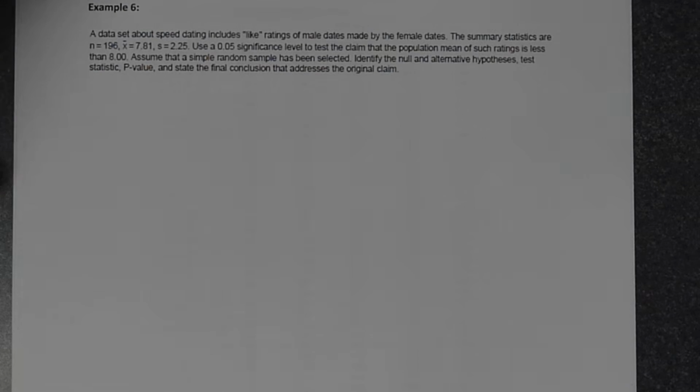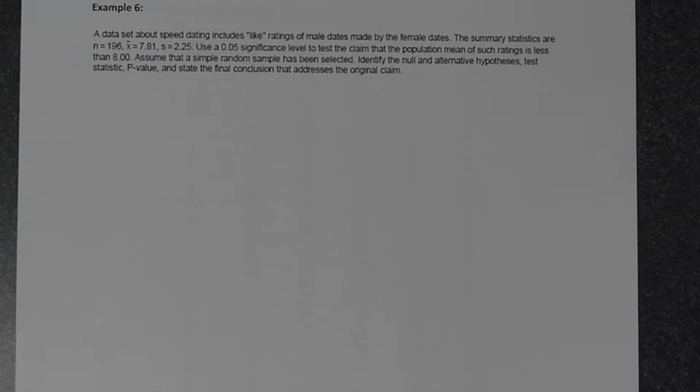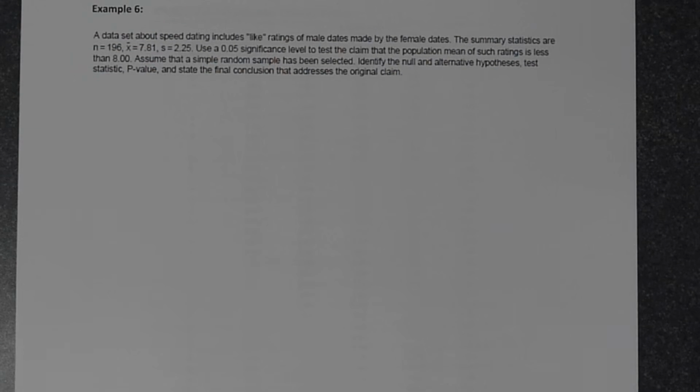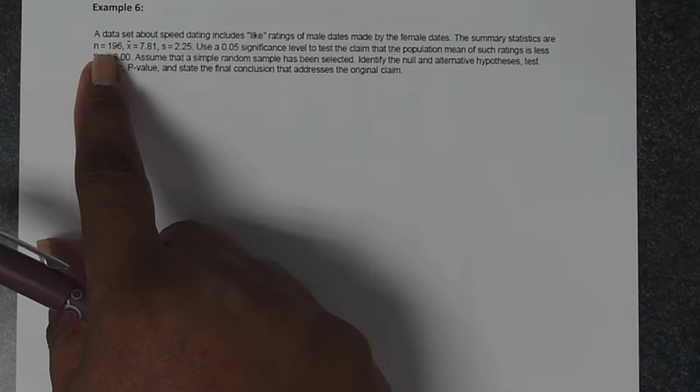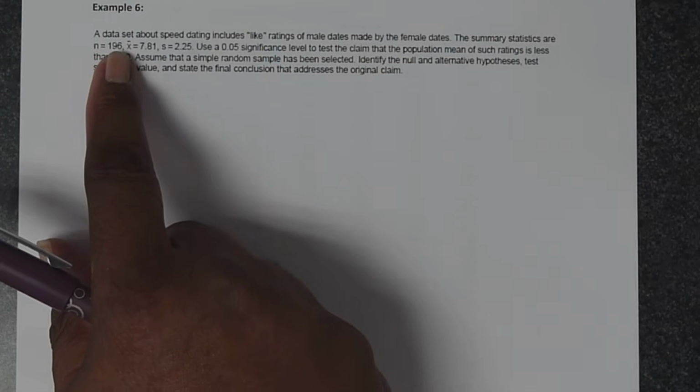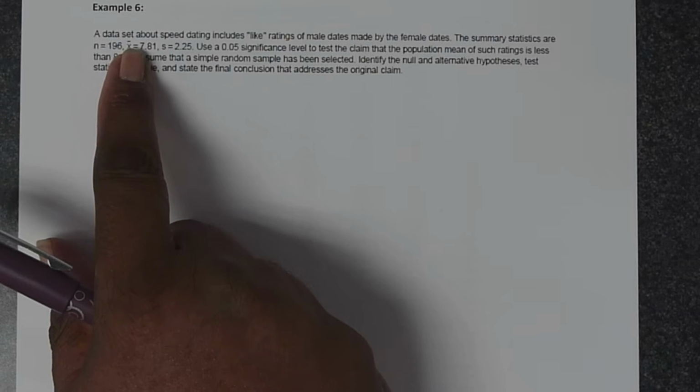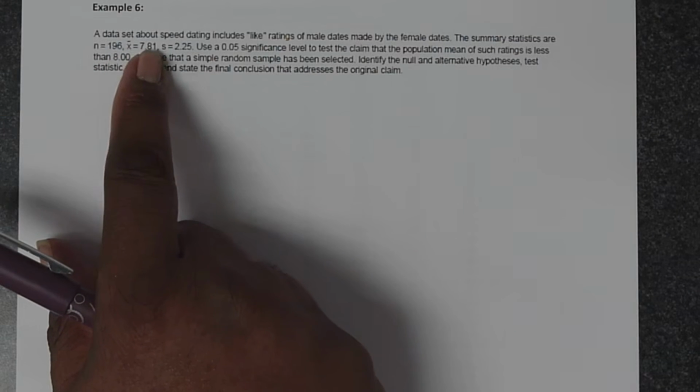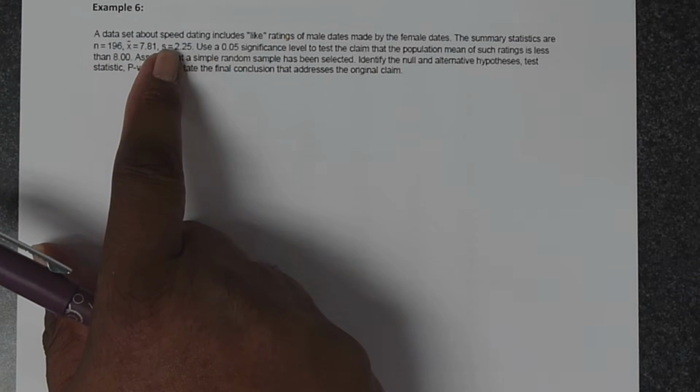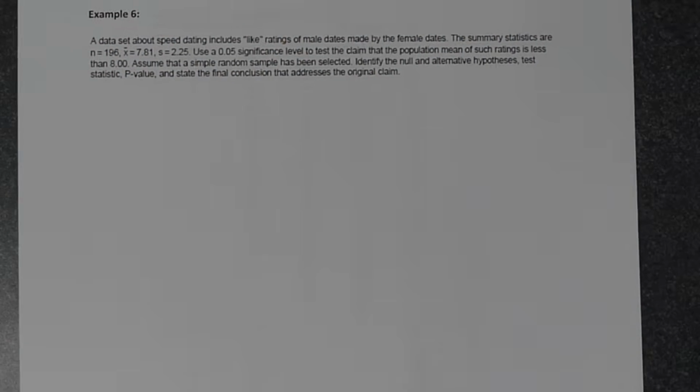It states here, a data set about speed dating includes ratings of male dates made by female dates. The summary statistics are given here. N is your sample size, that's 196. X bar, the sample mean, is 7.81. Standard deviation of the sample, S, is 2.25.